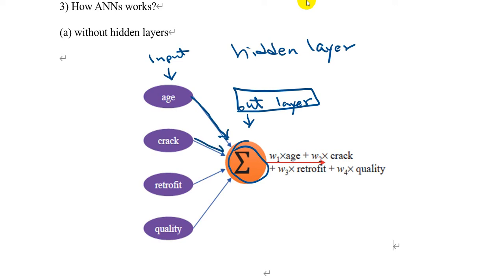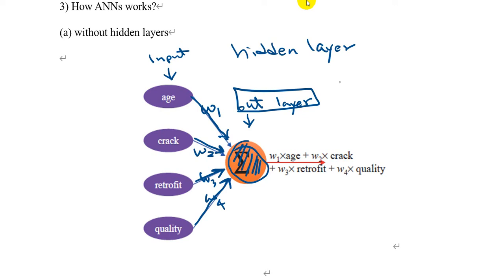Straight lines mean you have four linear equations calculated based on the weights. Let's assume this is weight 1, this is weight 2, this is weight 3, and this is weight 4. These linear equations are added to produce the neural value here, and this becomes the output parameter in the output layer.